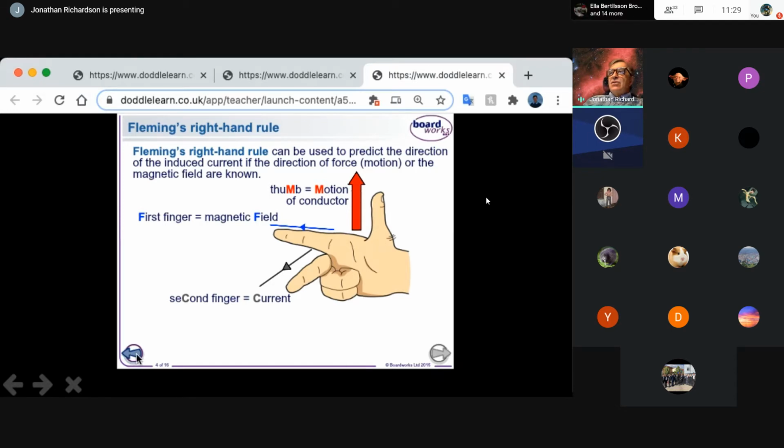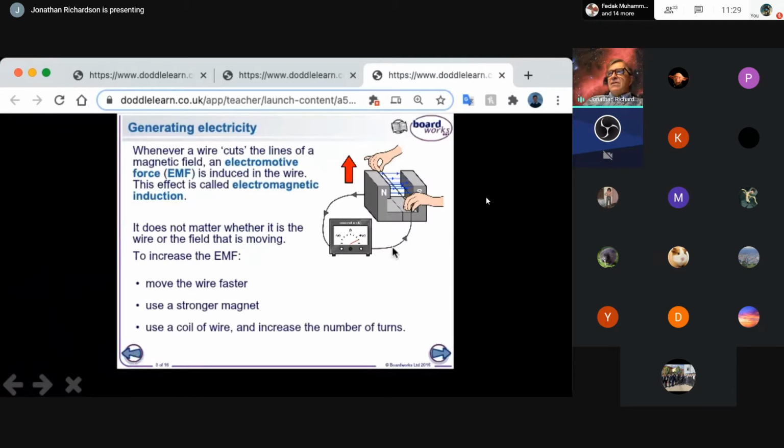So now what we're going to do is apply this to our previous diagram. If I look at this now with Fleming's right-hand rule, I've got my magnetic field, I've got my current, and I've got motion. So if you can see just here, I have my hand now. My first finger is pointing from north to south.